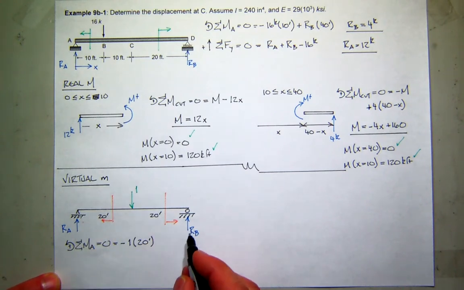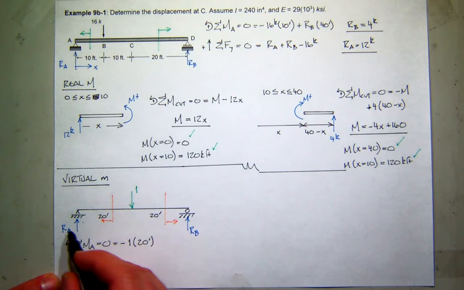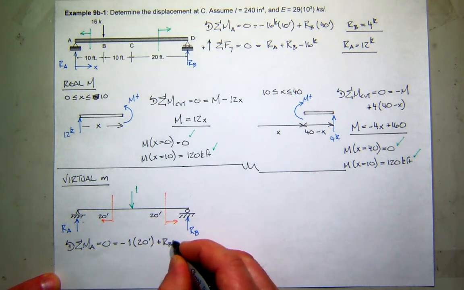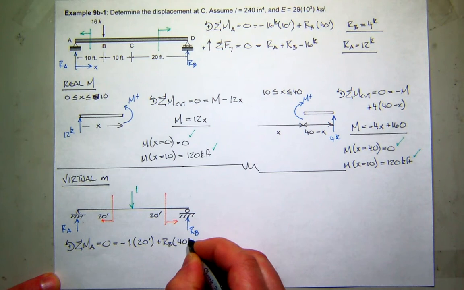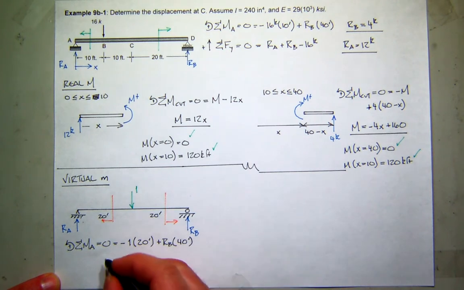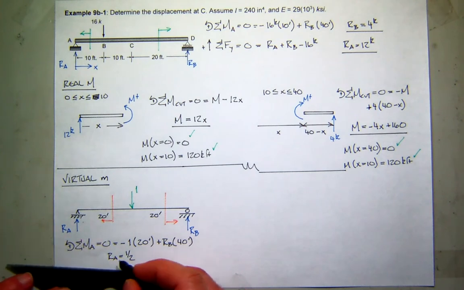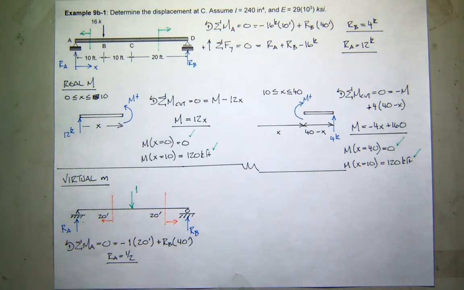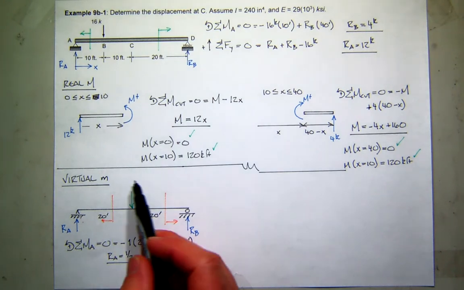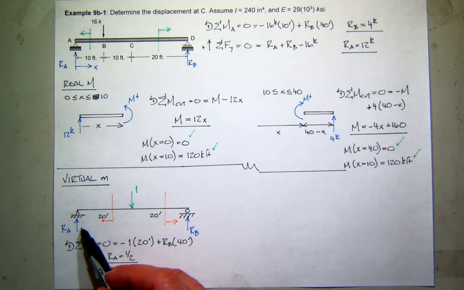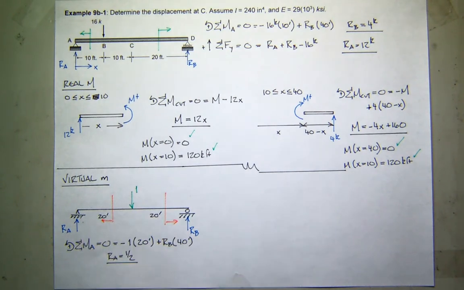And then the moment created by the reaction at B about A is positive. And the distance is 40. So it looks like my reaction at B is 1/2. That makes sense too, because I have a unit of 1, a load of 1. It's right in the middle. You'd expect that half the load goes to one side and half goes to the other side, and it does.